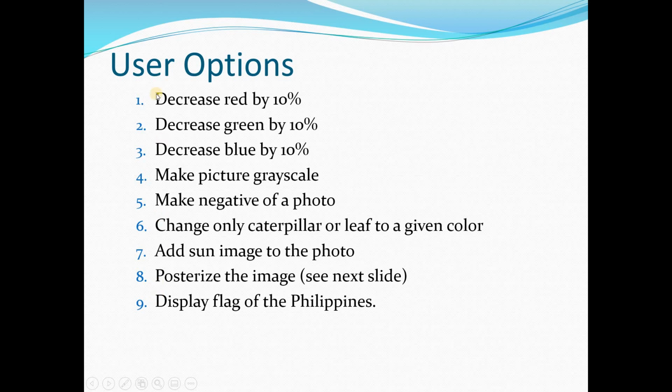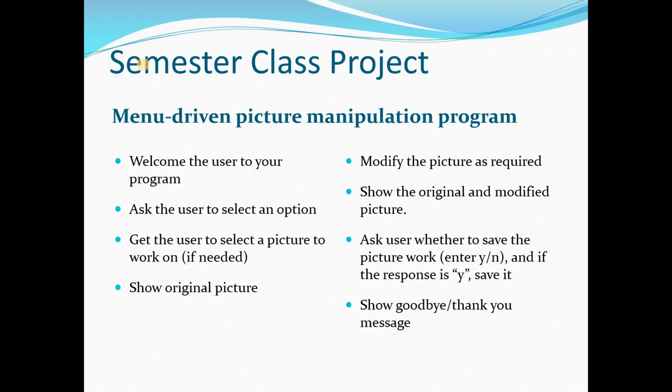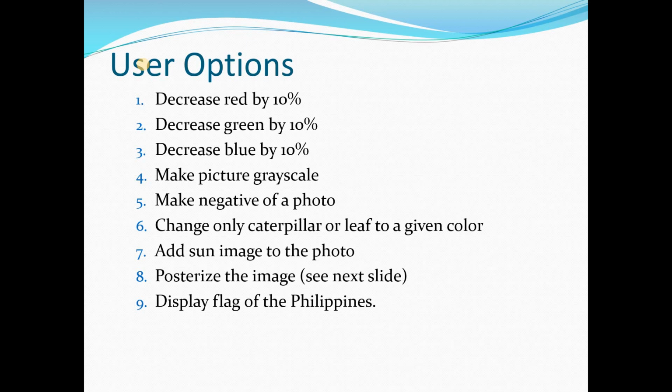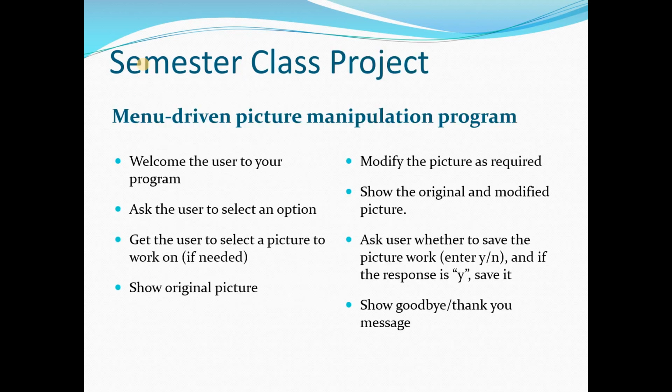The user has to select one of the numbers. I will discuss these options later. First of all, the user has to select one of these numbers from 1 until 9. So you will clearly write these options on the screen. Then you will ask the user to select an option, and if that option requires a picture, you will ask the user to select the picture to work on.